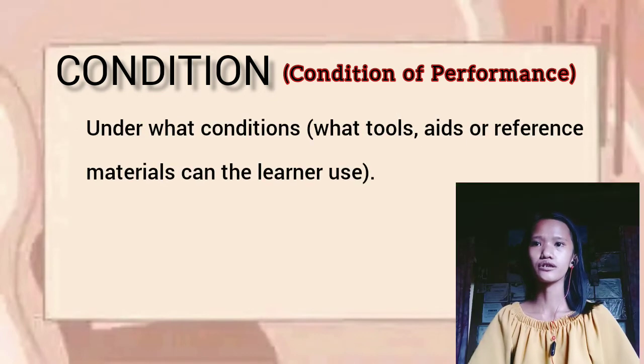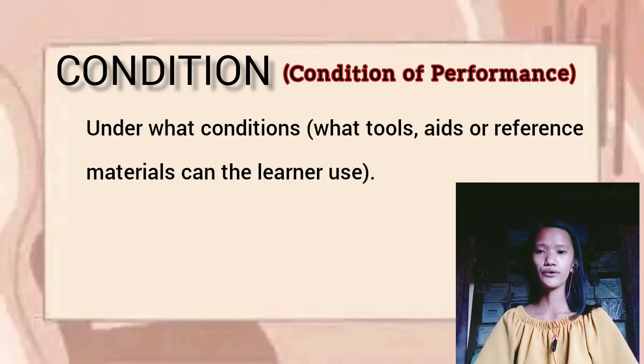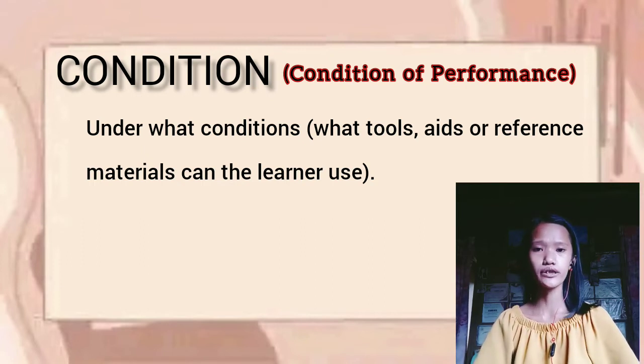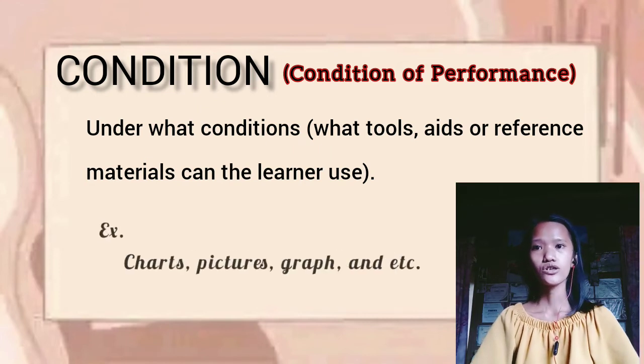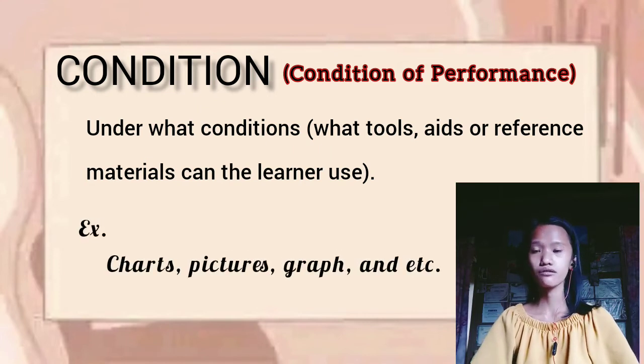Under the condition, it also tackles what tools, aids, or reference materials the learner can use. Example, charts, pictures, graphs, and etc. In addition, the teacher must think practically on what tools or objects she or he should use inside a classroom.